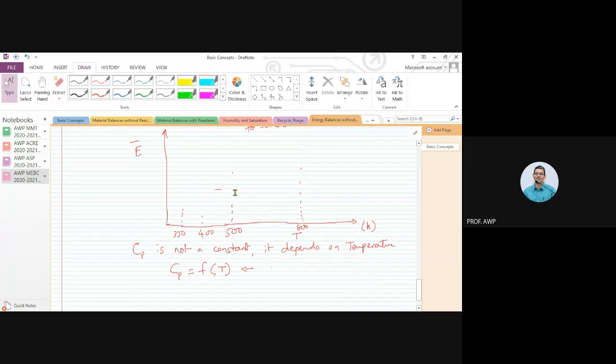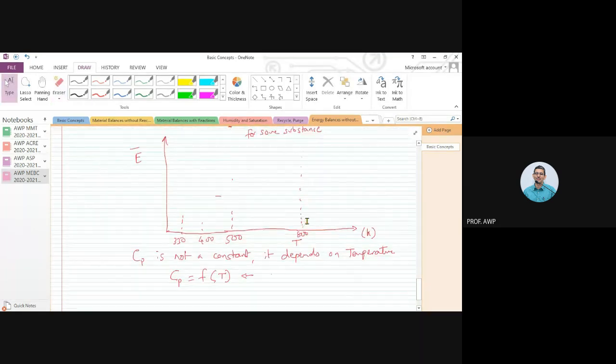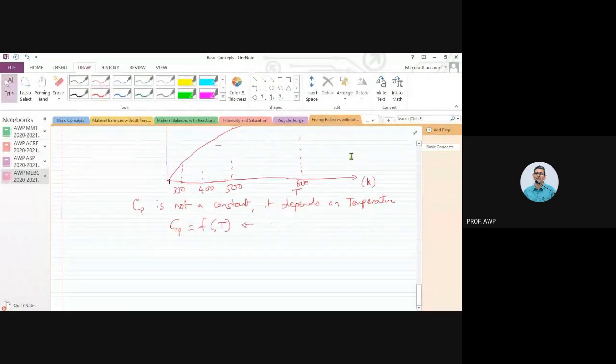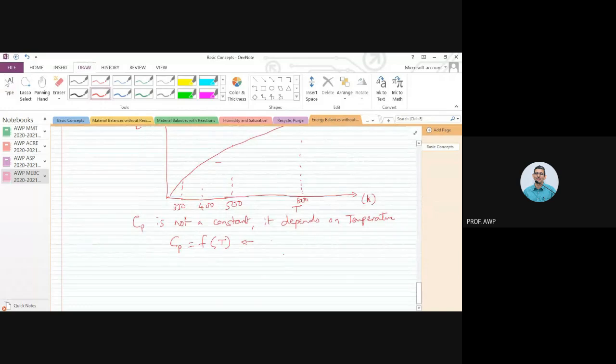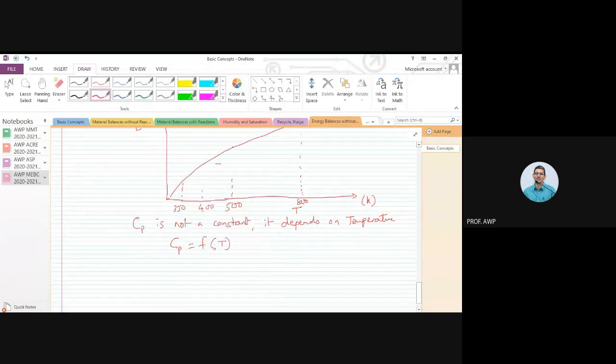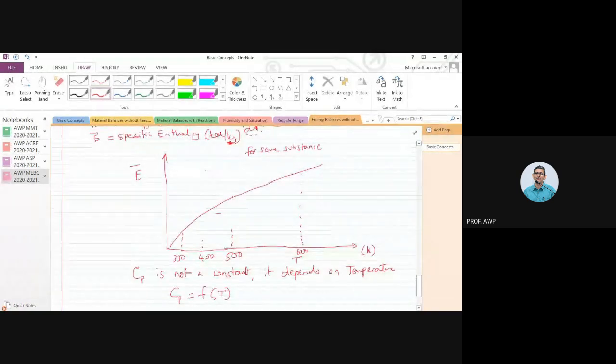So now, suppose I say that Cp is some function of temperature. Suppose that function of temperature is like this. So can you tell me how much enthalpy would be required to heat up something from 330 Kelvin to 800 Kelvin? So suppose this is air.